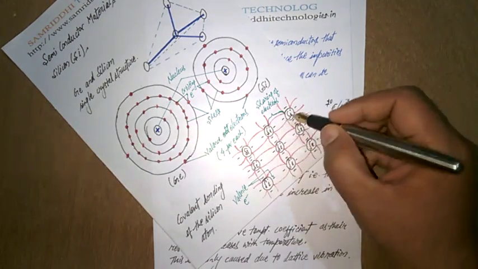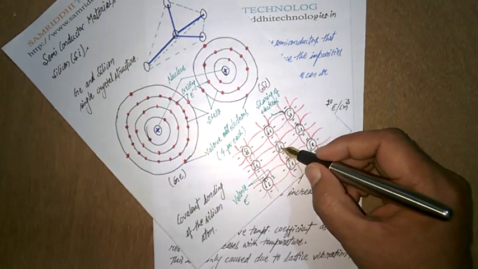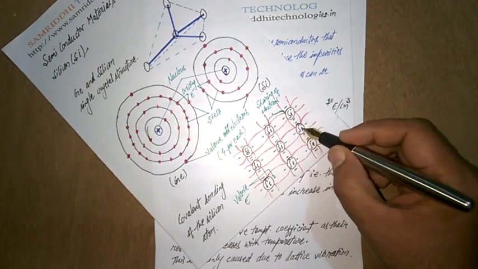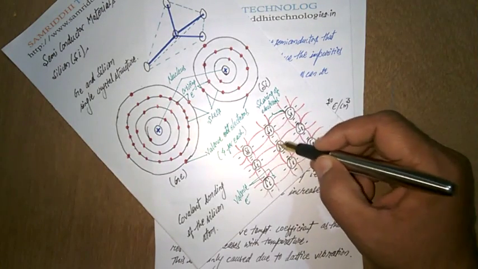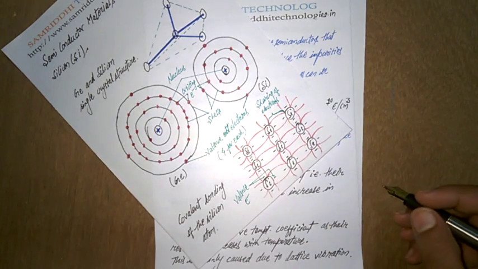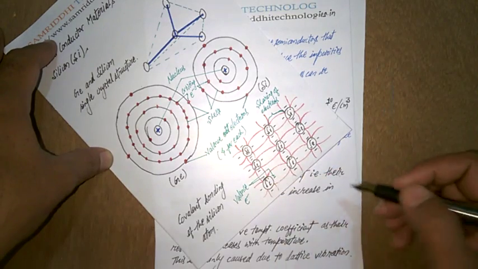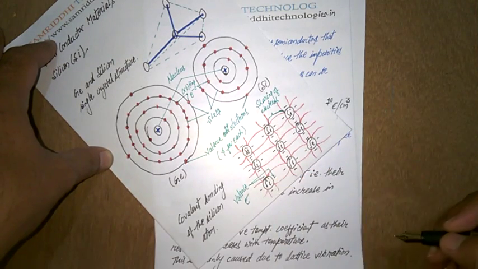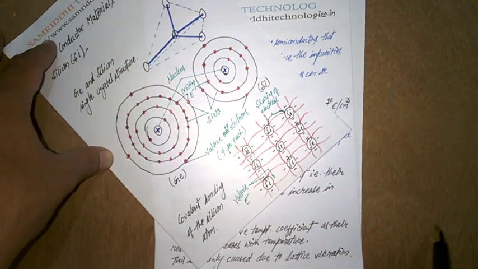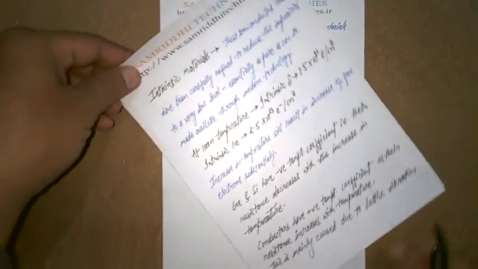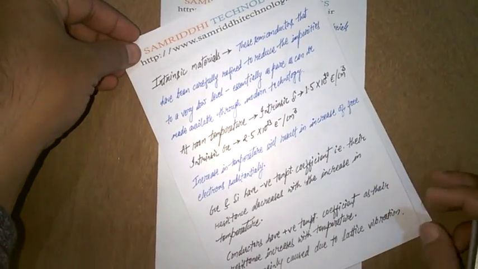In case of these two atoms, these are the two sharing electrons between them, and between these two atoms, these and this. These are the valence electrons of silicon. 1 2 3 4. In every case there are 4 valence electrons which they are sharing with other silicon atoms.